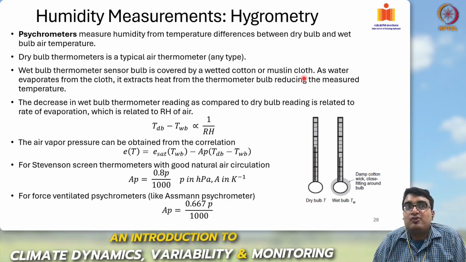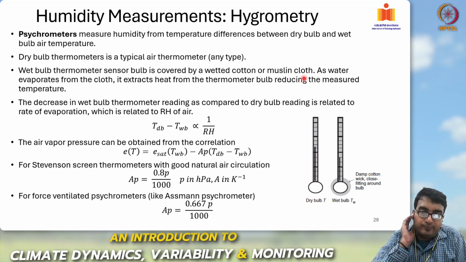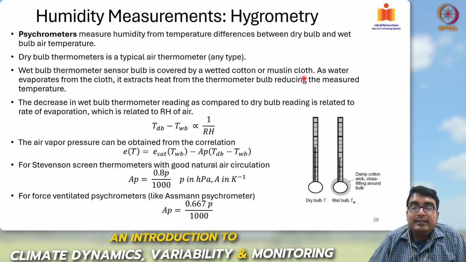Whereas if the air is dry with low relative humidity, you will have significant evaporation rates and hence the wet bulb temperature will be significantly lower than the dry bulb temperature. Hence, the difference between the dry bulb and the wet bulb temperature is proportional to the inverse of relative humidity.